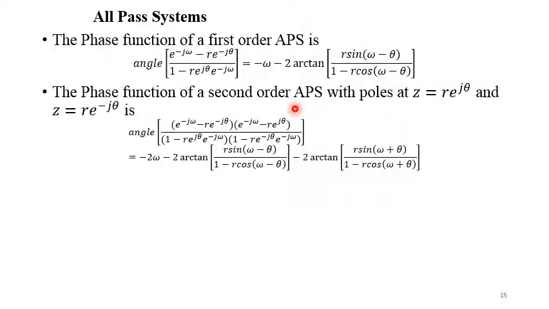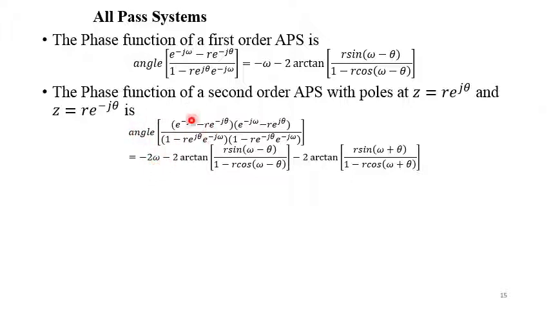Similarly, for the phase function of the second order all-pass system with poles located at z equals r e power j theta, and because we have a complex conjugate pair, we have one pole at r e power j theta and the second at r e power minus j theta, so it can be written as the argument of this.